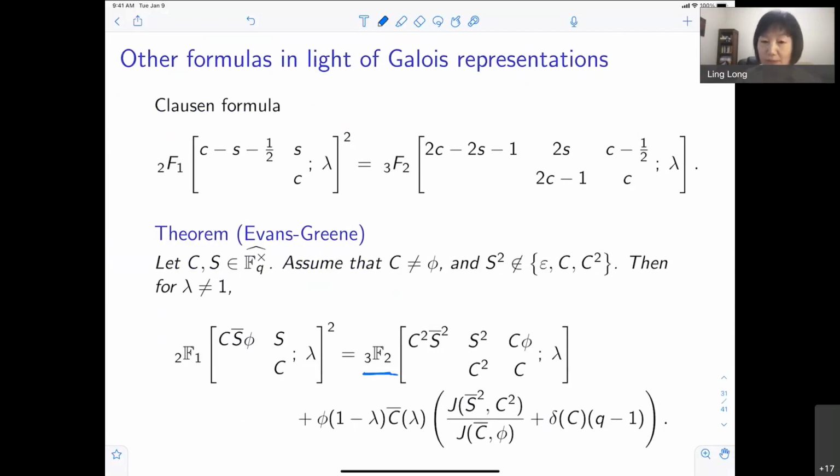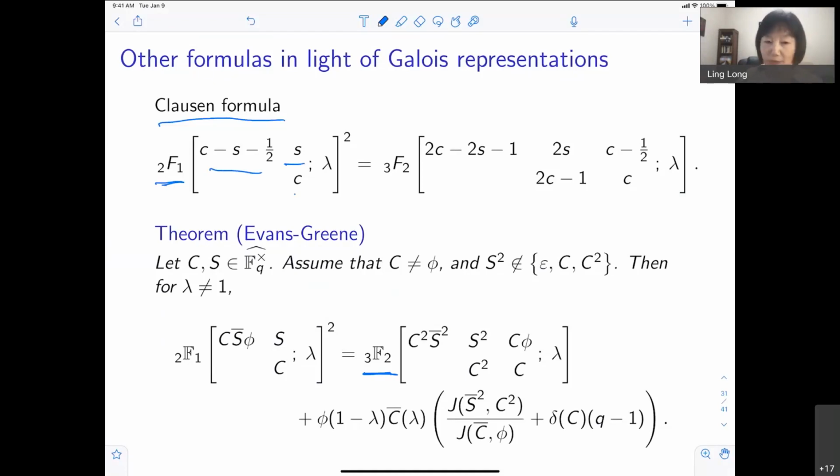The first formula, which is actually a very useful formula, is called the Clausen formula. The Clausen formula says, it's one of the very rare situations: if you start from a 2F1 hypergeometric function and put the parameters in the following way, there is a c, which is a parameter. c also appears here, c minus s minus 1/2.